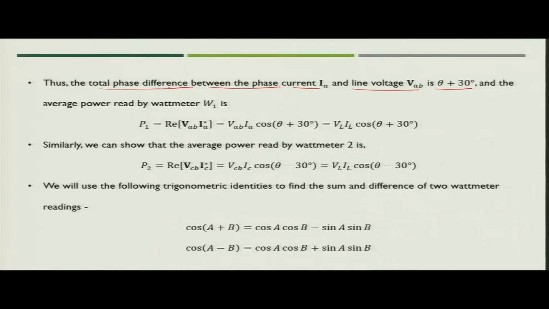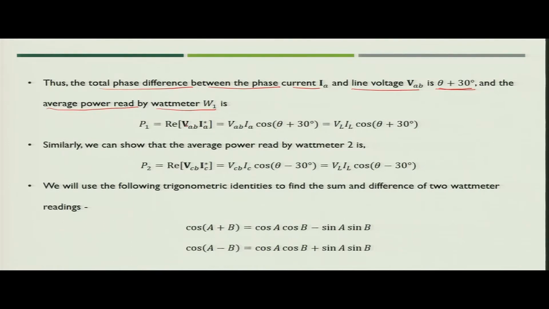So, the total phase difference you are now getting between the phase current, or you can also say line current, and the line voltage VAB is theta plus 30 degrees. In that case, the average power which wattmeter W1 will read is the real part of VAB into IA conjugate.